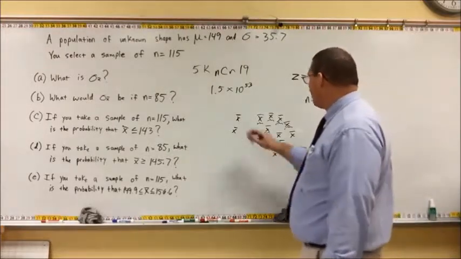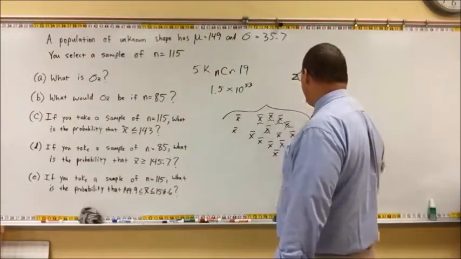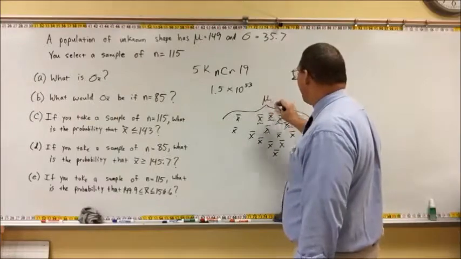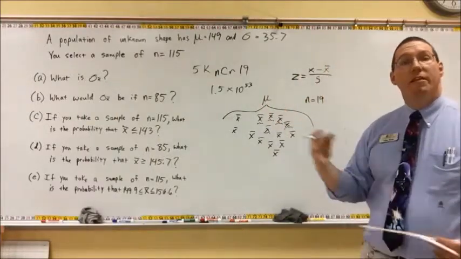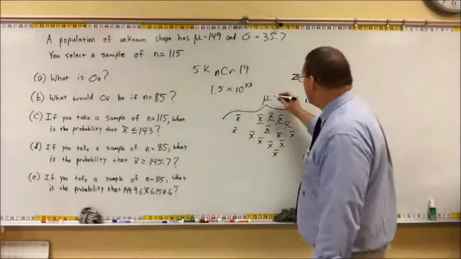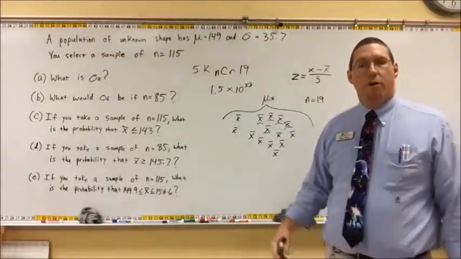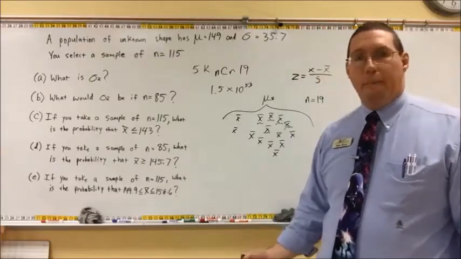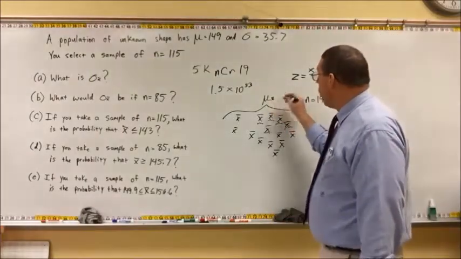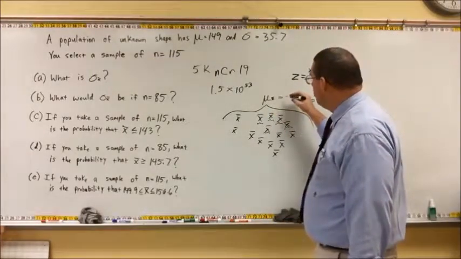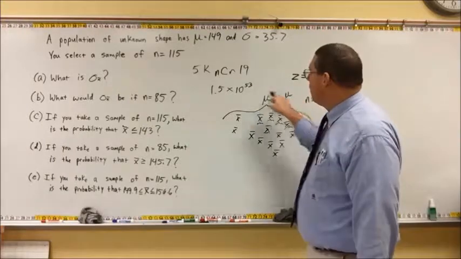And what we have over that is the population mean, the mean of the entire population. It is actually the mean of all the sample means. And we call that the expected value of x bar. Now, it happens to also be equal to the mean of the population.